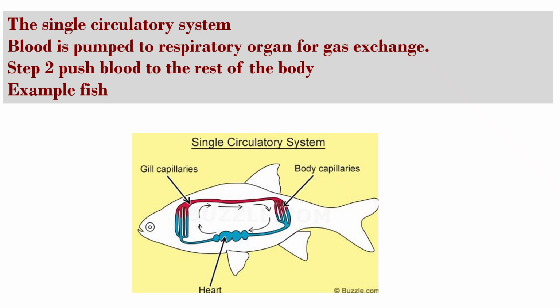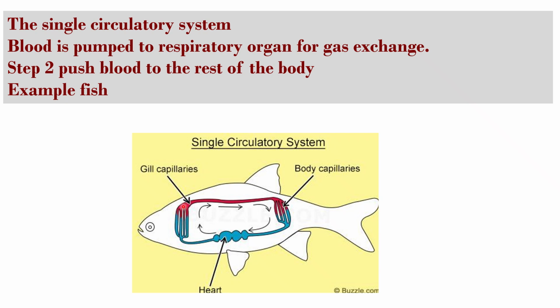Now, the single circulatory system. The fish has a circulatory system which is described as single. Single means one. This is the heart of the fish. It pumps the blood into the gills. The gills are the respiratory organ in the fish. It gets the oxygen.